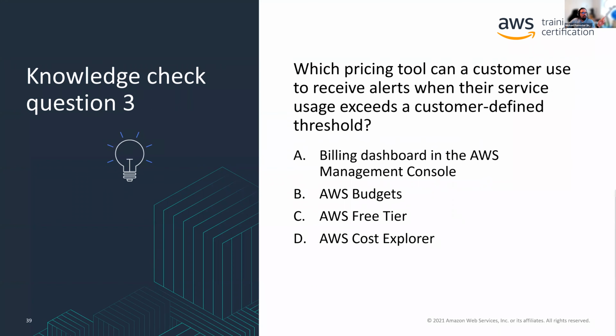Okay. Which of these tools can cause a customer to receive an alert if their service usage exceeds a defined threshold? Like, I want to know when I spend more than $100 a month in my account, where did you see me set that up?